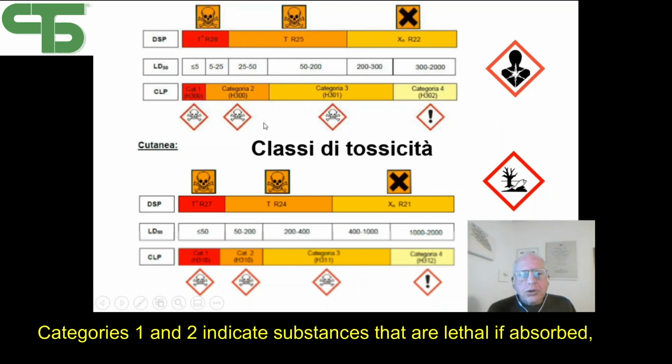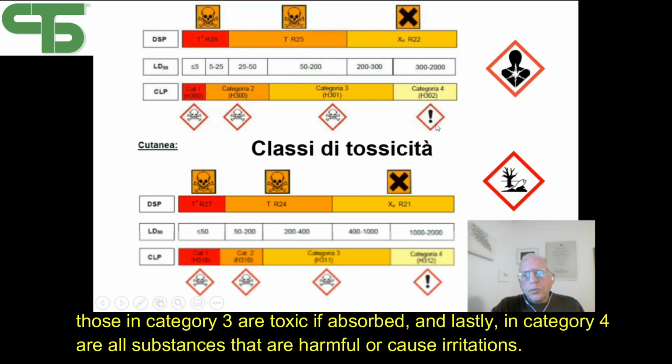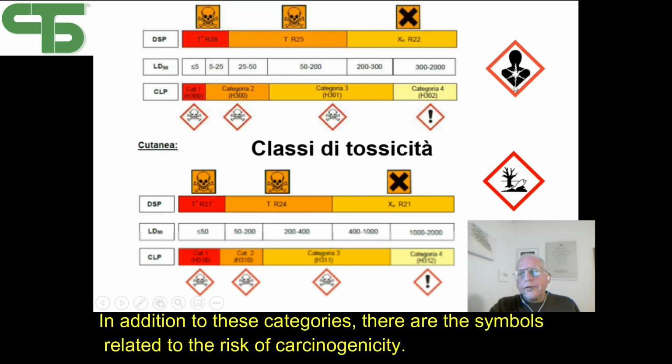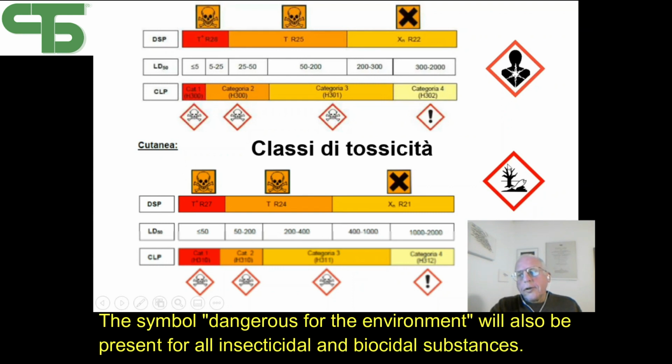Categories 1 and 2 indicate substances that are lethal if absorbed. Those in category 3 are toxic if absorbed, and lastly in category 4 are all the substances that are harmful or cause irritation. In addition to these, there are the symbols related to the risk of carcinogenicity, and the symbol dangerous for the environment will also be present for all insecticidal and biocidal substances.